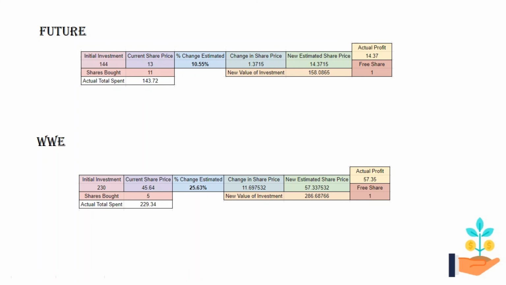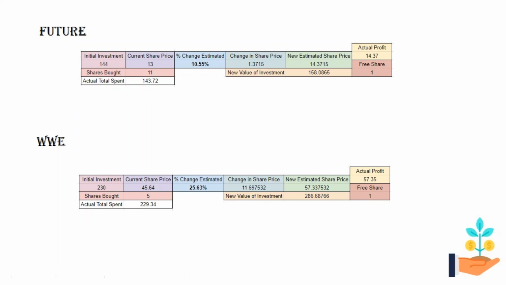And so here I've given you 2 examples in my portfolio where I'm doing this. I bought Future, which dipped, and it was at £13, and so I hold 11 of those at £13. I need it to hit £14.37 in order to receive my free share.